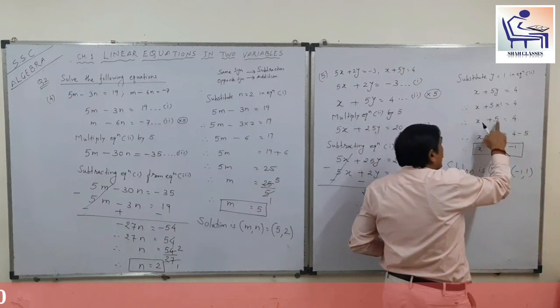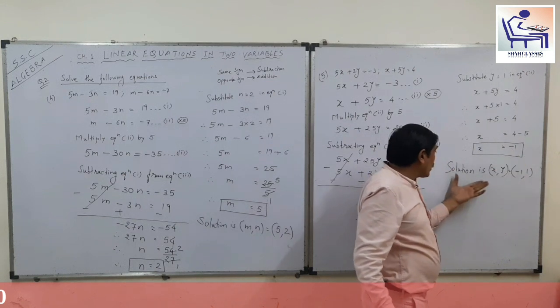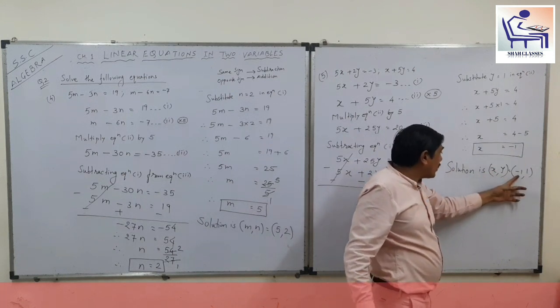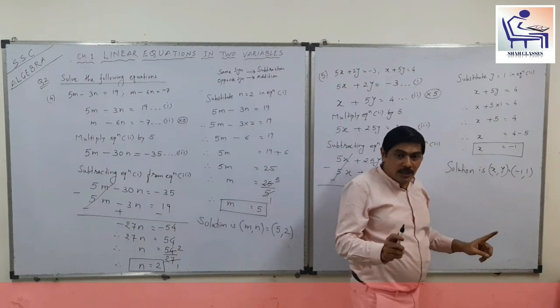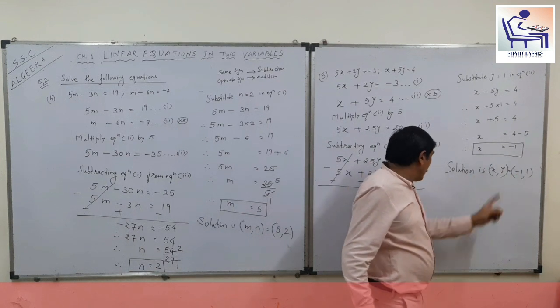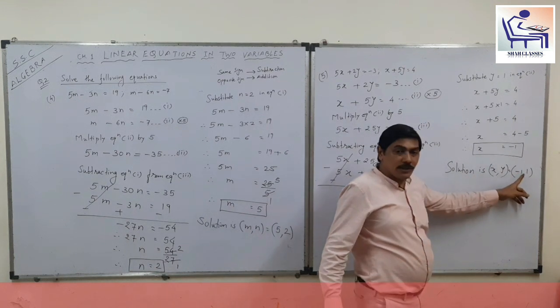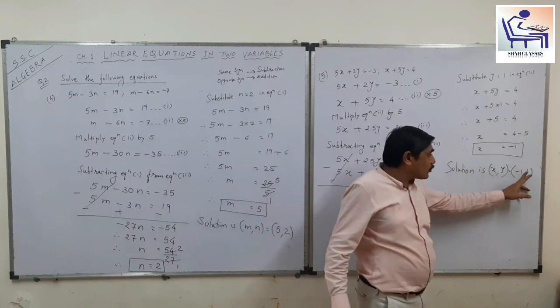So 5 ones are 5. And 4 minus 5 is minus 1. So we got the solution as x is equal to minus 1. Please once again remember, first you have to write the value of x and after that y. So the value of x is minus 1 and the value of y is plus 1. So your final answer is, the solution is x, y, minus 1, 1.